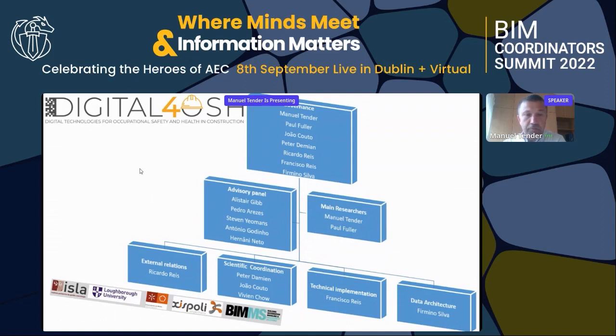ISWA from Portugal, Loughborough University from the UK, University of Minho from Portugal, Xpoly Engineering from Portugal, and BIM's management also from Portugal. We have a governance and an external advisory panel that is giving us advice about this area, BIM people and OSH people.